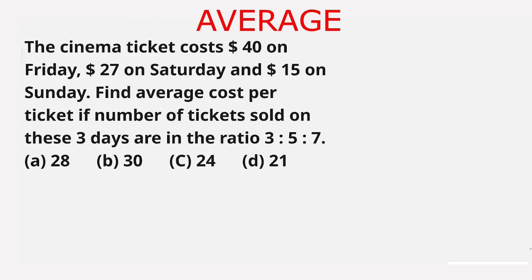As the number of tickets sold on Friday, Saturday and Sunday are in the ratio 3:5:7, we assume the number of tickets to be 3x on Friday, 5x on Saturday, and 7x on Sunday.